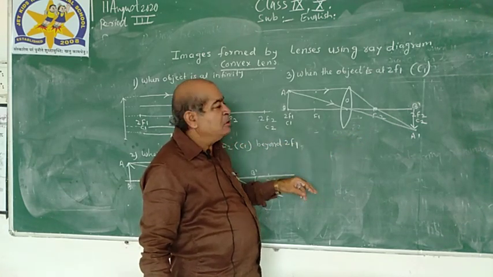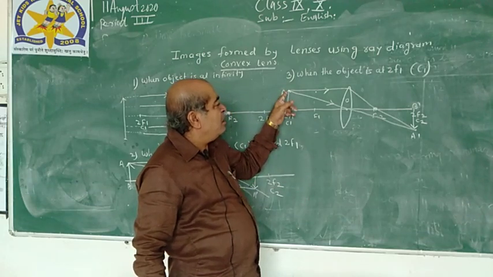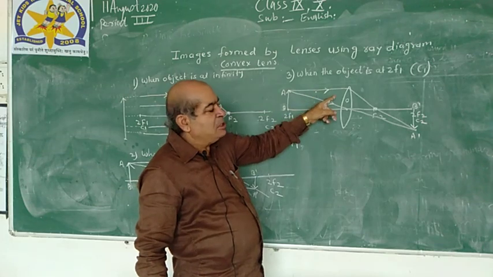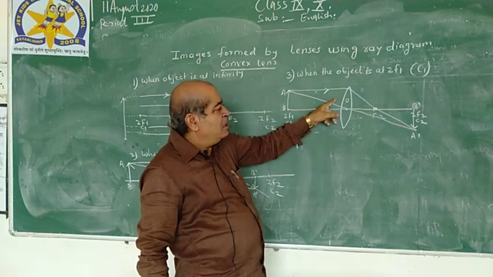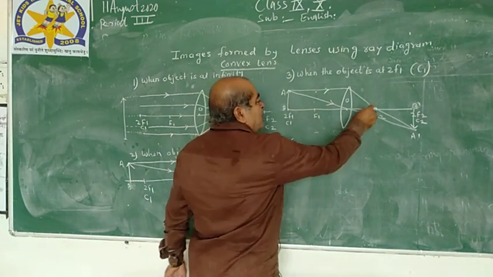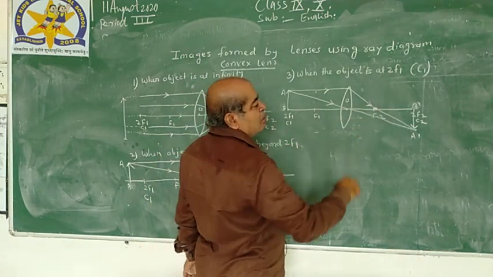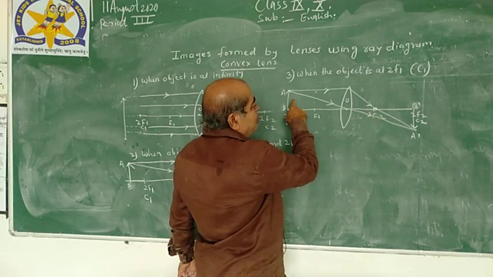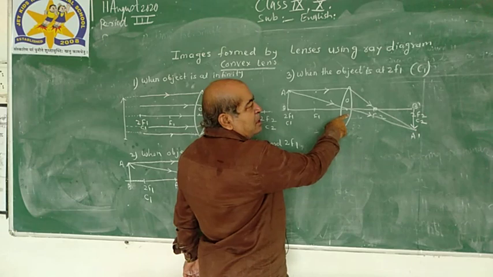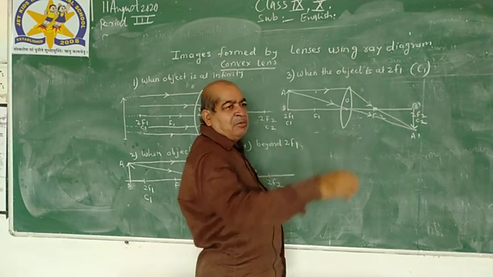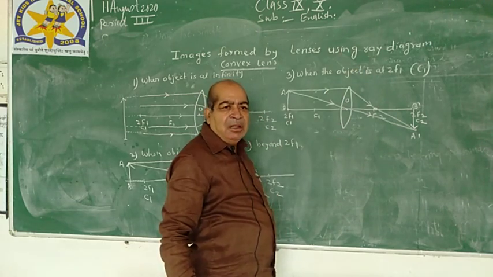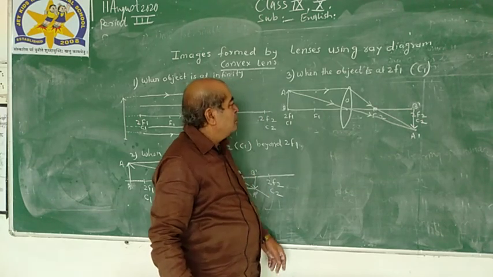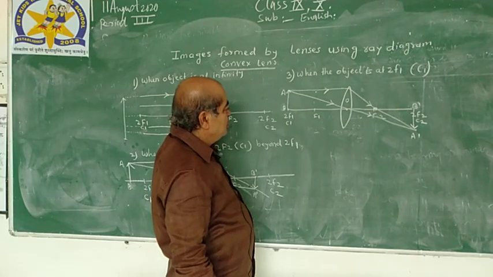The rules used are: when a ray of light parallel to the principal axis is incident on the convex lens, after refraction it passes through the principal focus on the other side, and when a ray of light passes through the optic center, it emerges without any deviation, along the same straight line. So this is the third position.